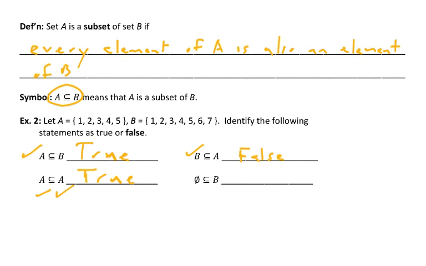And this one will probably surprise you even more. We're going to explore the idea, is the empty set a subset of B? Is every element of the empty set also an element of B? That may make you think about that, but can you name an element of the empty set that's not in B?